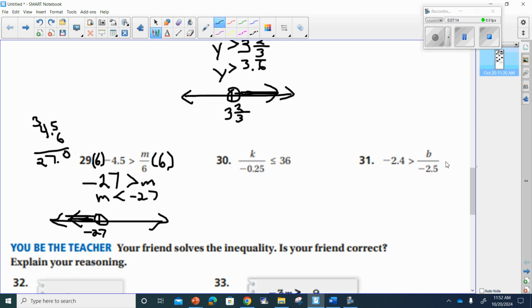Over here I see I'm dividing by negative 2.5, so I'm going to multiply by negative 2.5, which means I'm going to multiply by negative 2.5 over here. All right. Let's see, I'm multiplying. 4 times 5 is 20. Carry the 2. And I've got 2 times 5, that's 10, 11, 12, right?